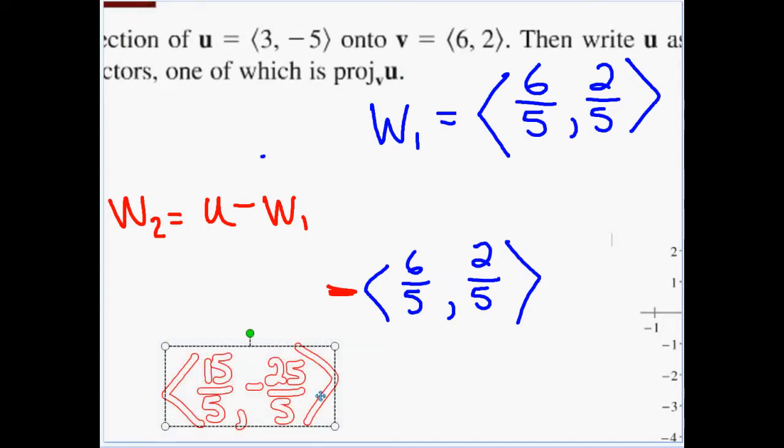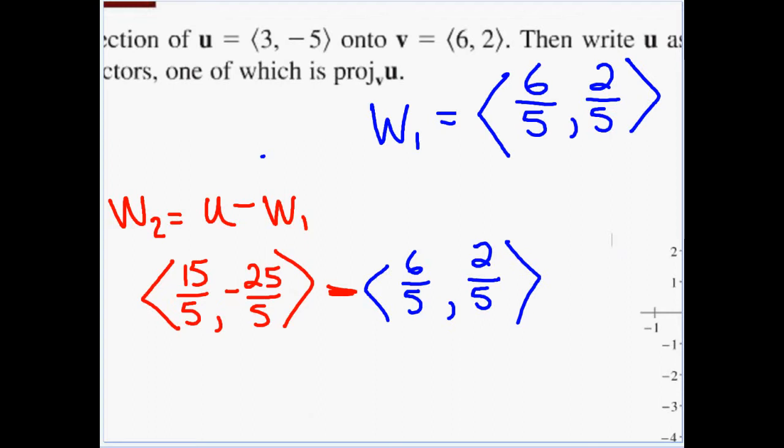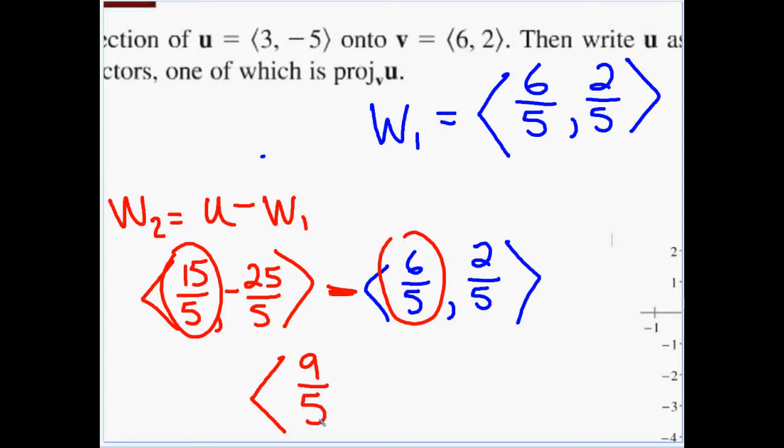And now we're going to subtract. 15/5 minus 6/5 is 9/5, comma. Negative 25/5 minus 2/5 is negative 27/5.